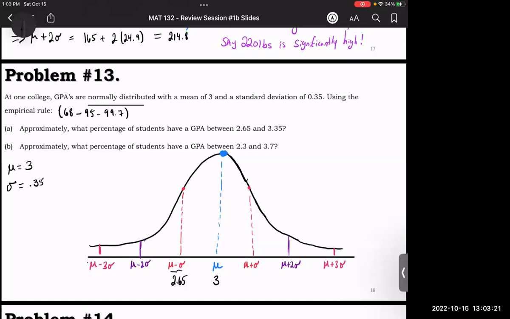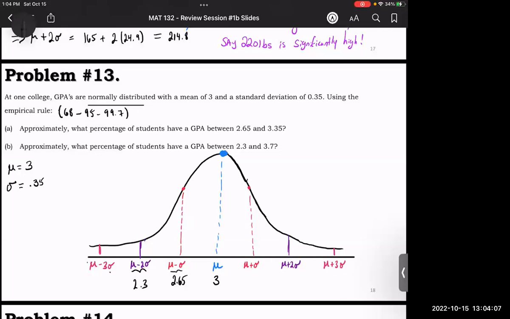Now continually subtract 0.35. What would be the value in purple? 2.3.